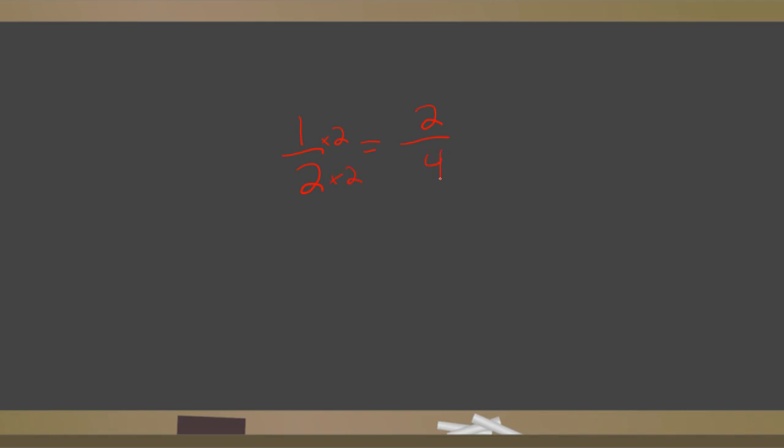So I multiply that by 2, and I get 2/4. And we said that 1/2 is the same as 2/4. Right? Those are equivalent fractions because they take up the same area as long as the whole is the same size. They're just different ways to say it.